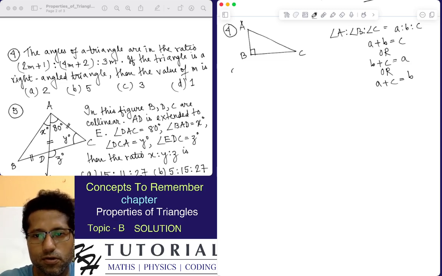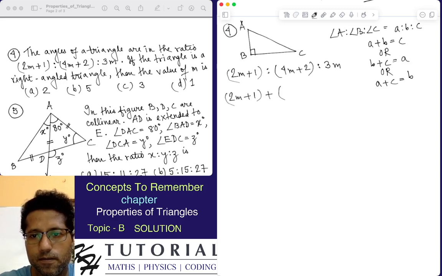Let's say the ratio is 2m plus 1 is to 4m plus 2 is to 3m. Let's try to see if the first two terms add up to the third term. So let's see if 2m plus 1 plus 4m plus 2 is equal to 3m or not.